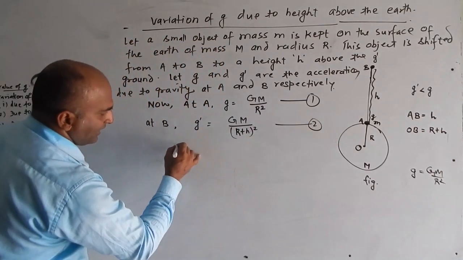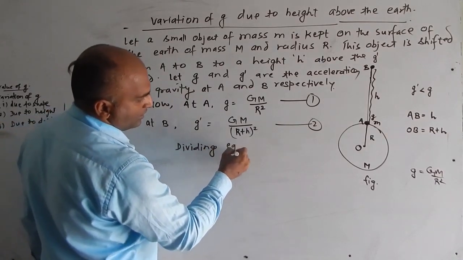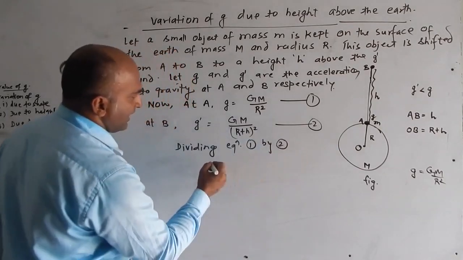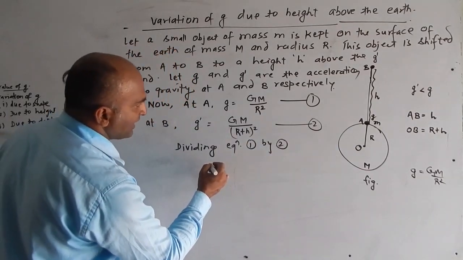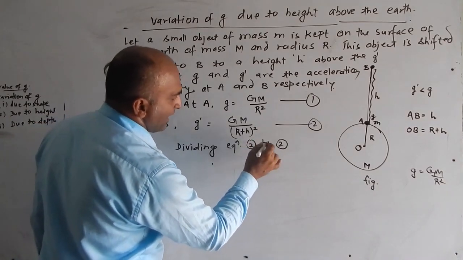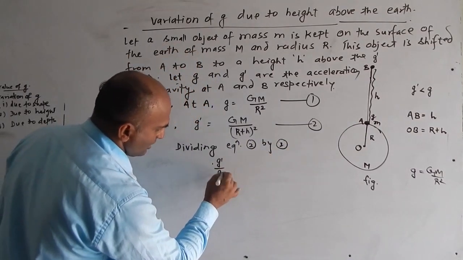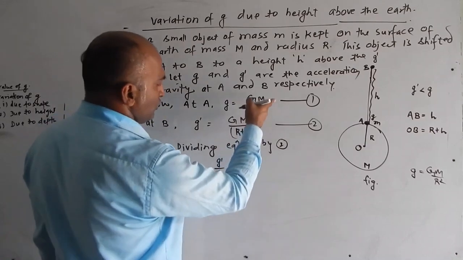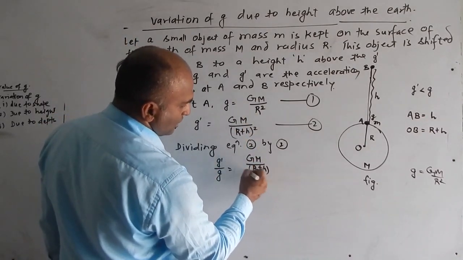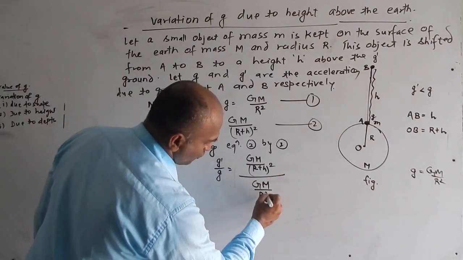Dividing equation 2 by 1, we get g prime by g equal to GM by (R plus h) whole square, divided by GM by R square.